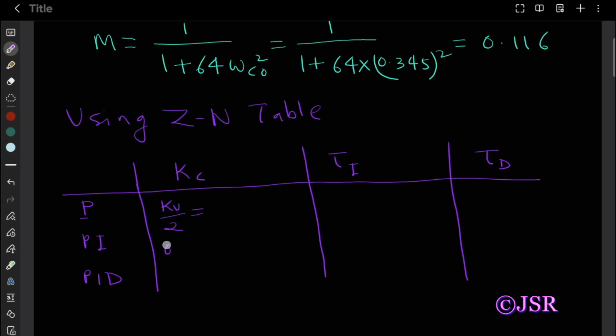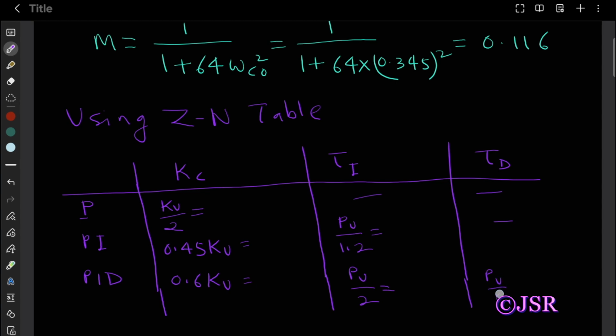For the PI controller, this is 0.45 times Ku. For the PID controller, this is 0.6 times Ku. For the PI controller, tau I equals Pu by 1.2. For the PID controller, tau I equals Pu by 2, and tau D equals Pu by 8.